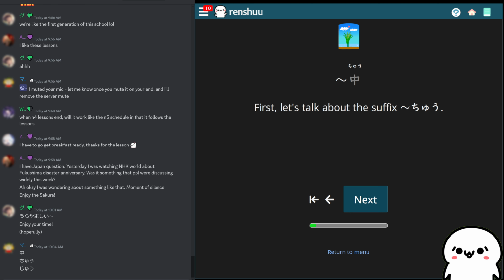And the tricky thing is that when you see them in Japanese sentences, you'll typically see it written with the kanji. But you will get a better feel for whether it's referring to the chu version or the ju version, depending on what's going on in the sentence.